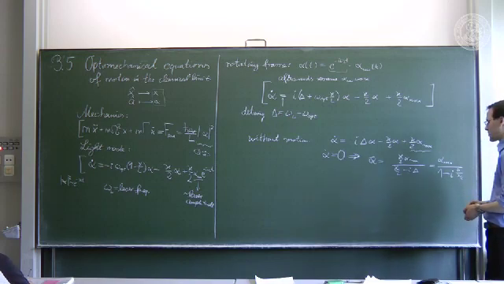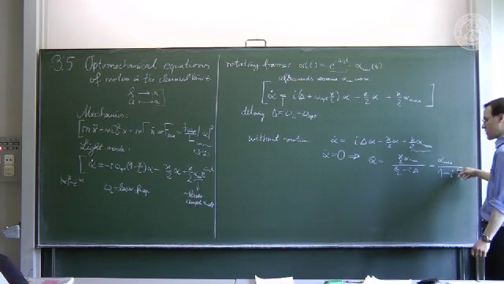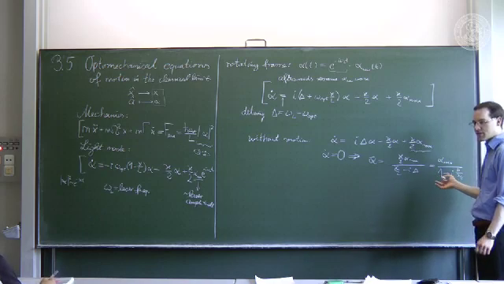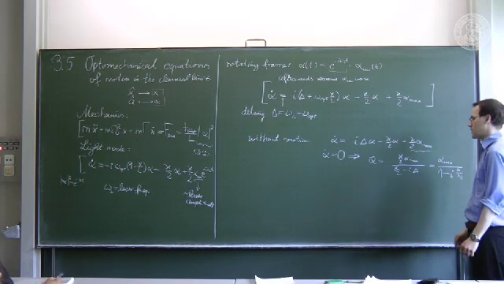And in particular, this confirms the notation in the sense that if I set the detuning equals 0, then alpha equals alpha max. So right at resonance, I obtain the right amplitude.